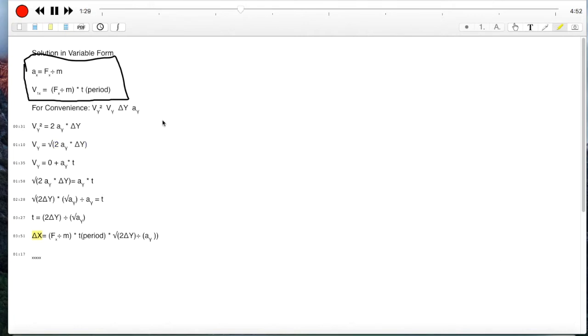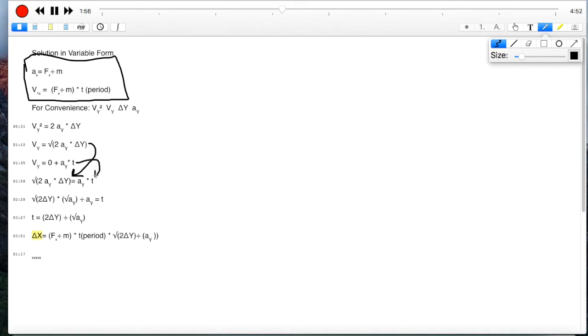Alright, so from this we're going to put in some known values. So we're going to have our final velocity in the y direction, which will equal 0, because our initial y velocity is 0 as described in the problem, and this will be plus the acceleration in the y direction times time.